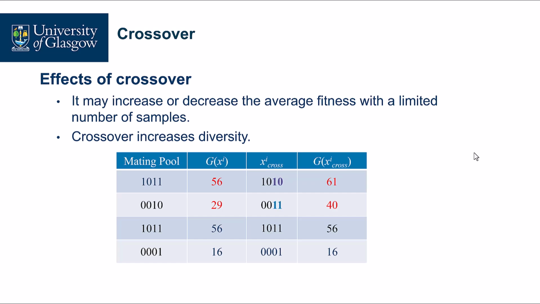This is because crossover acts directly on the individual, and fitness is not involved in this operation. Also, crossover increases the diversity. As we can see here, we have 3 different individuals before crossover, because these two are the same, right? And after the crossover, there are 4 different ones. So crossover increases diversity.